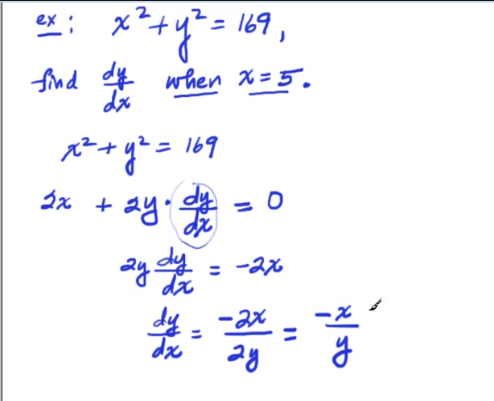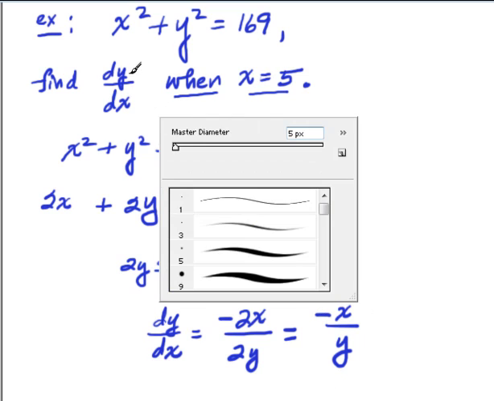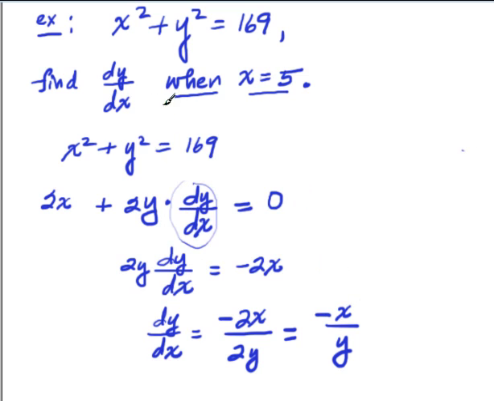So here's dy dx. Now we want to find dy dx when x is equal to 5. What we're going to do is substitute x equal 5. But the question is, what's y equal to? Well, we have to go back to the original equation and substitute in x equal 5 to figure out what y is equal to.